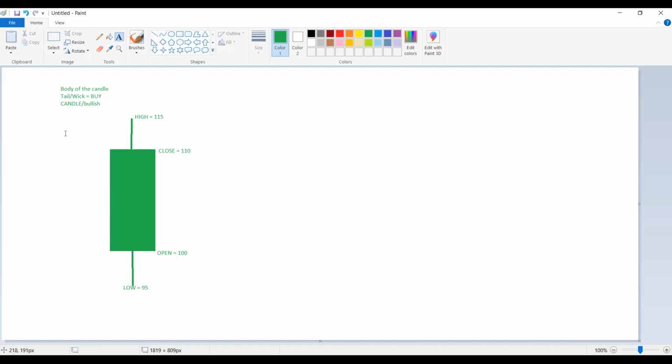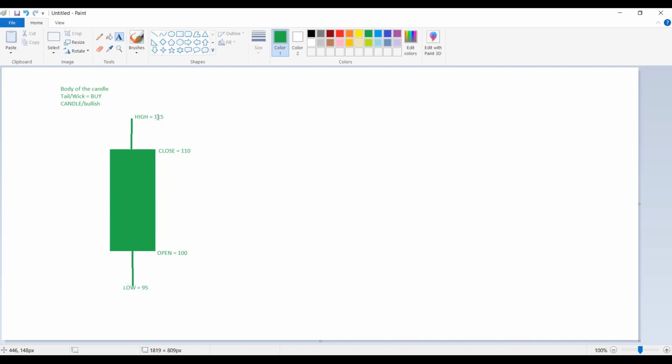Here it is 95, 96, 97, 98, 100, 101, 102, 103, 104, 105, 110, 115. It opened at 100 rupees at 9:15 and closed at 110 at closing. But in between, we don't know, probably at 11 o'clock, 12 o'clock, 1 o'clock, whatever it is, it touched the high of 115 and the low of 95. So the total fluctuation on this day was from 95 to 115, which is 20 rupees.